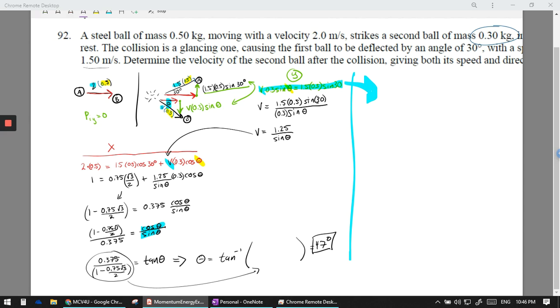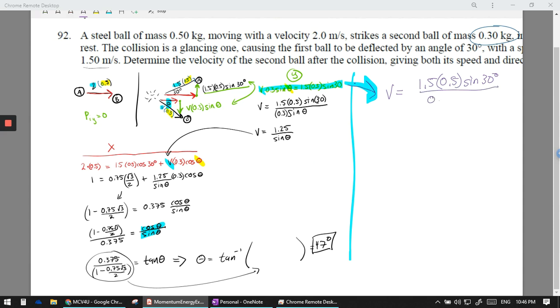Passing this over, I'm going to get the velocity is equal to 1.5 times 0.5 times the sine of 30, over 0.3 sine of theta.